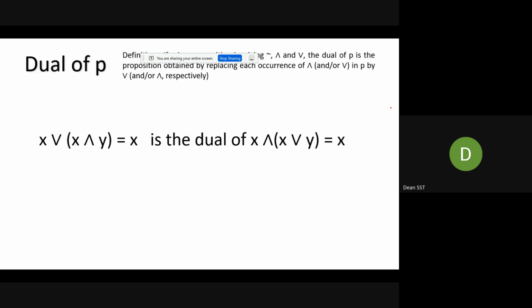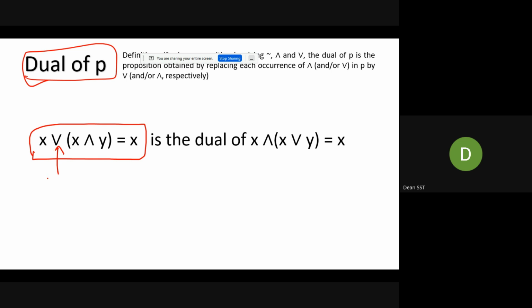Fine. Then dual. How can you find the dual? Suppose this is the expression and you have to find the dual. You have to reverse the sign. Where you are finding OR, you have to make it AND. Where you are finding AND, you have to make it OR.